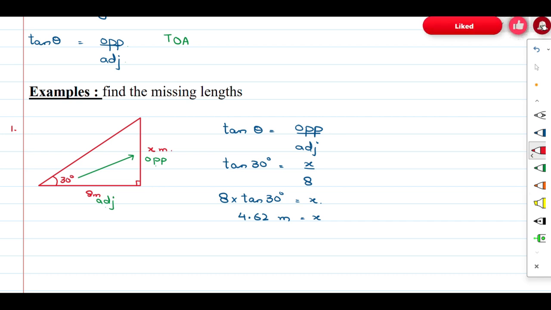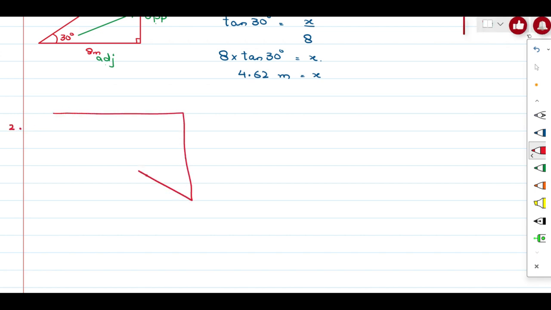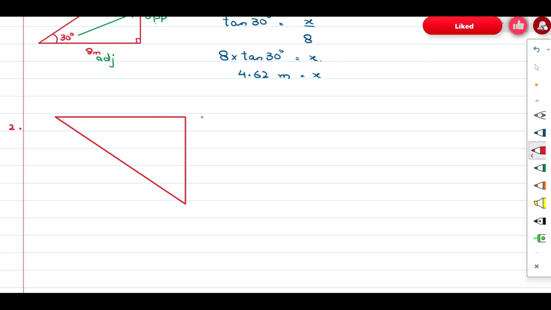All right, now let's move to the second example. Let's suppose I have a right angle triangle. This is a right angle. Let's suppose this angle is 25 degrees. This length is t and this length is 15.